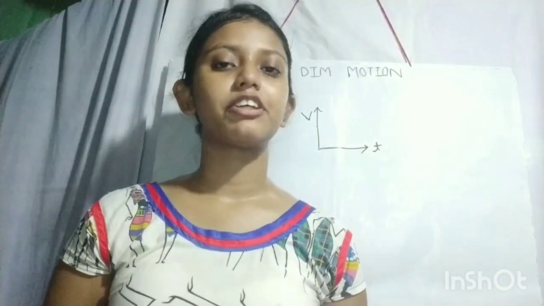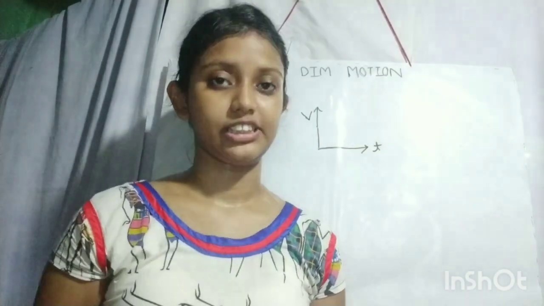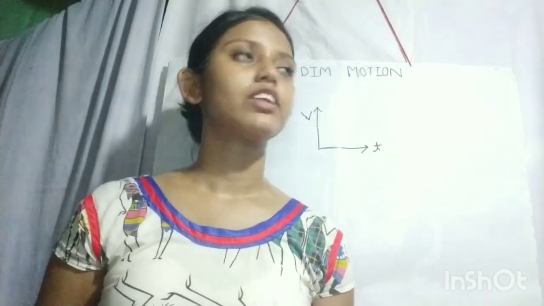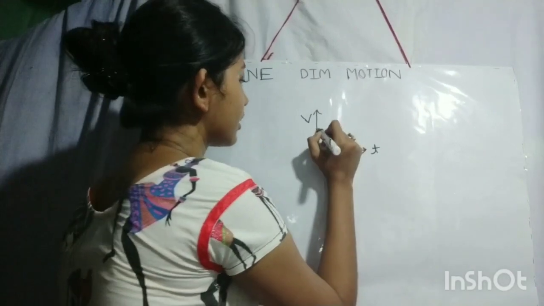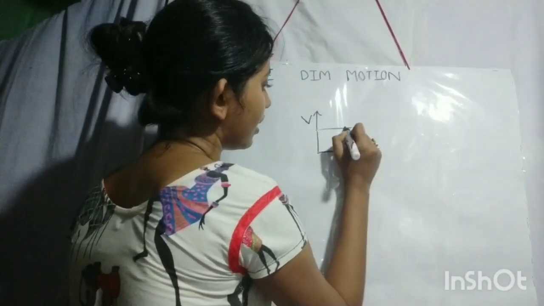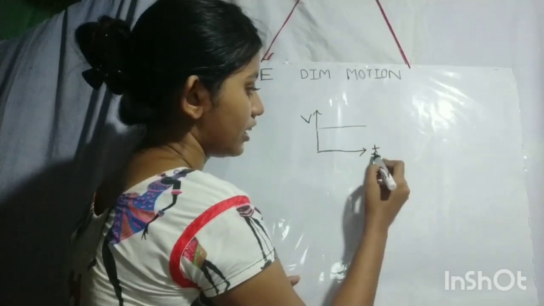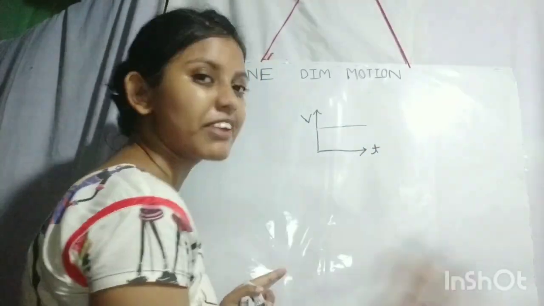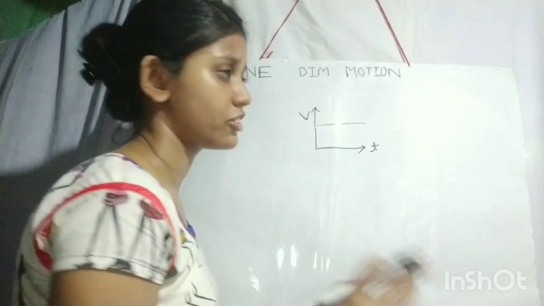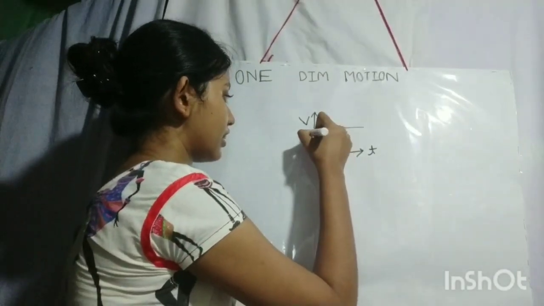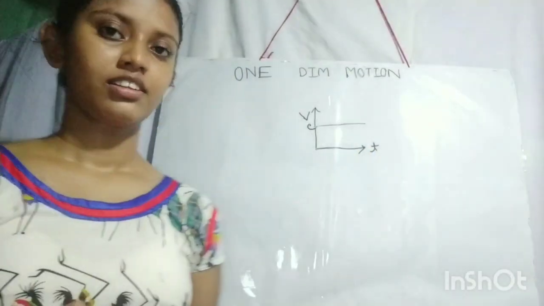So what will be the velocity time graph at constant velocity? Okay, the particle is moving with constant velocity, then the graph looks like that. This straight line is parallel to the time axis. Okay, whatever the time will be, the velocity is obviously constant. Let me name it as c. Okay, there is no change.